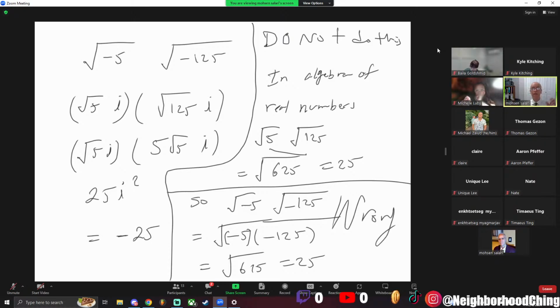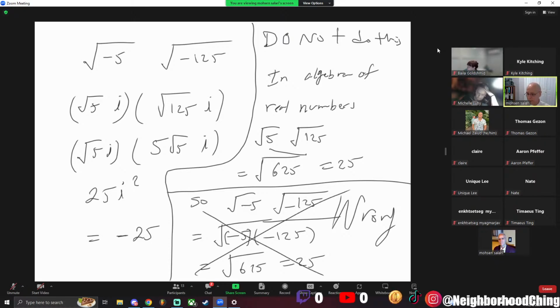You cannot multiply what's under two different square roots and put it under one. That's not part of complex number algebra. So this is wrong.